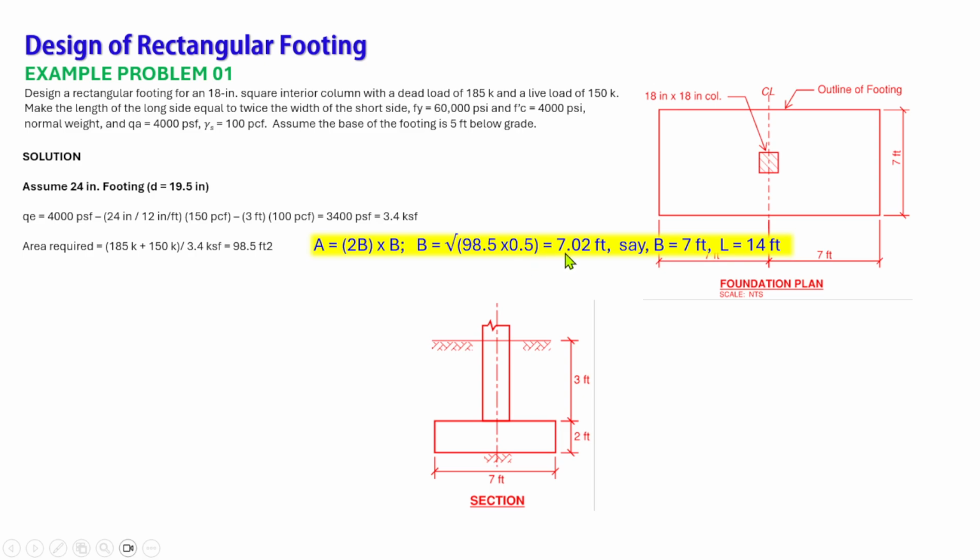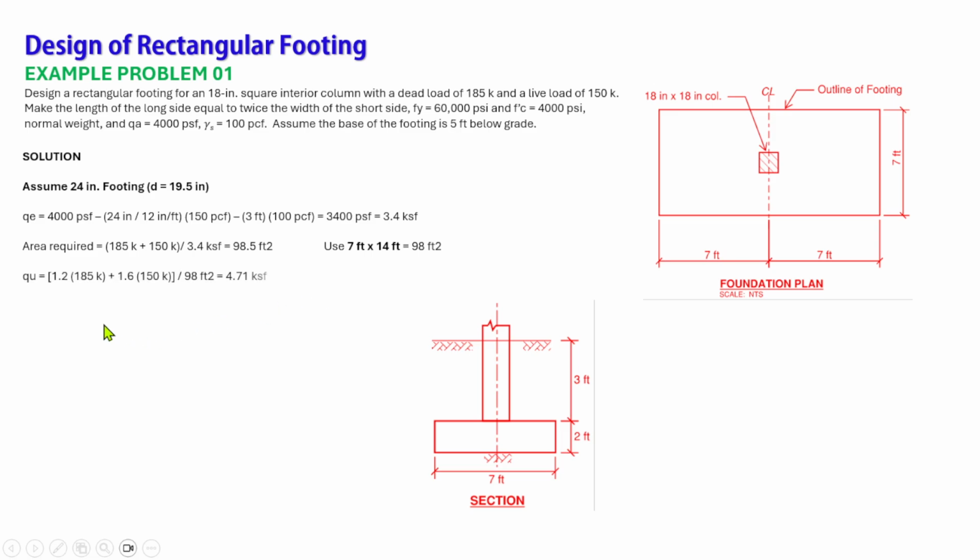So we have 7.02 feet, or say width 7 feet. So twice the width, that is our length, which is 14 feet. So this is the area of the footing that we need to adopt, 98 square feet.